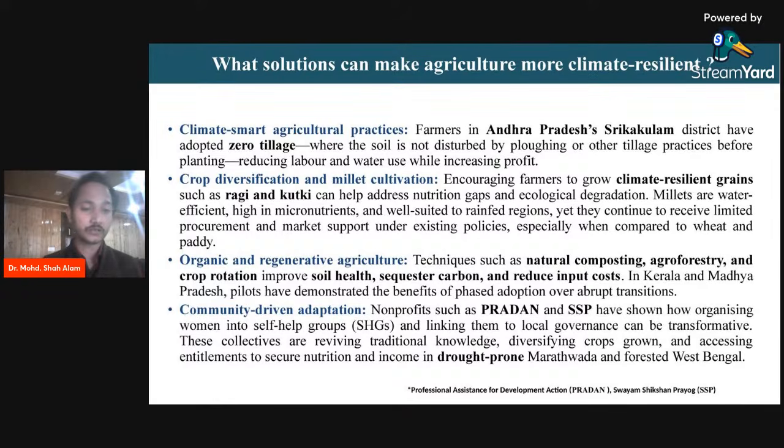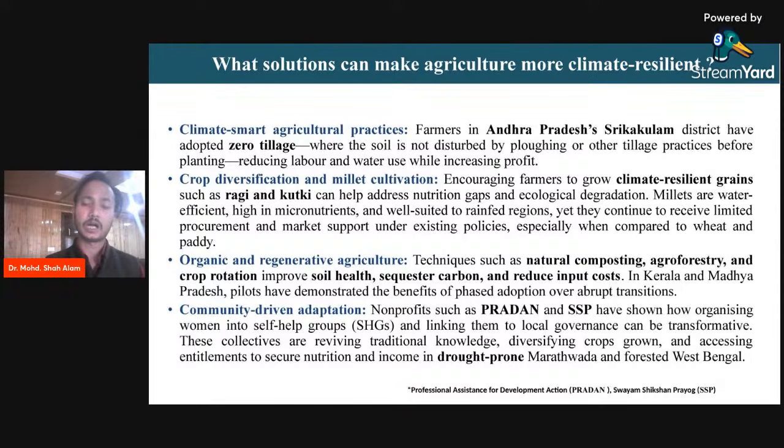Millets are water efficient; they require very little water and very little maintenance. They are high in micronutrients, and they are well suited to rainfed regions. And yet they continue to receive limited procurement and market support under existing policy, because the harvesting of millets is tough. That's why farmers are completely avoiding these crops.